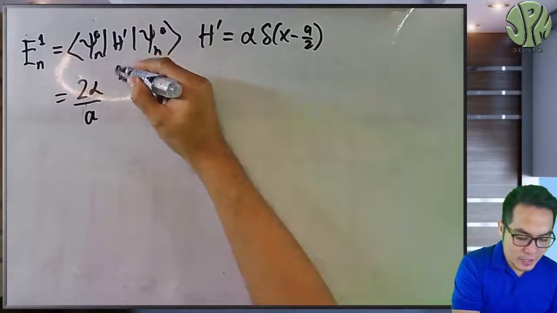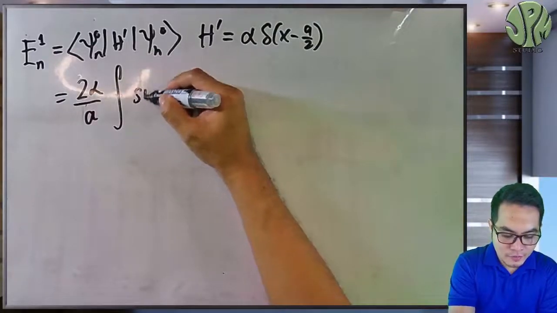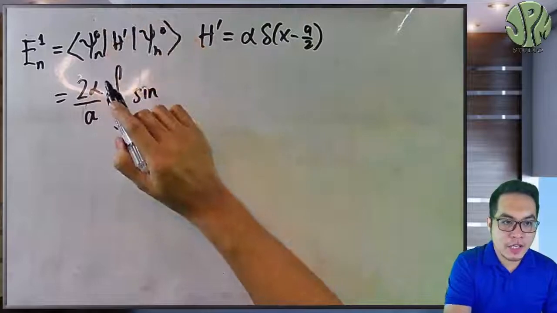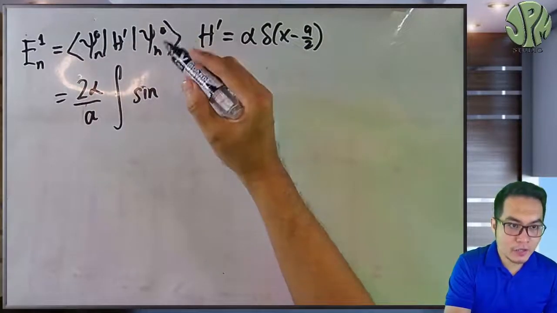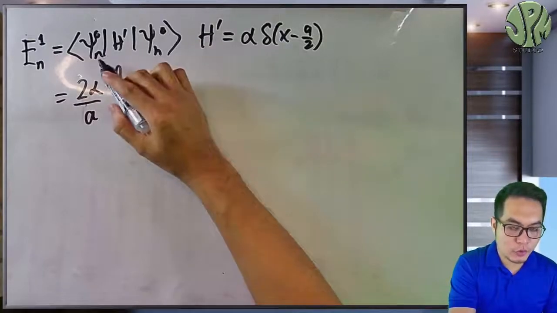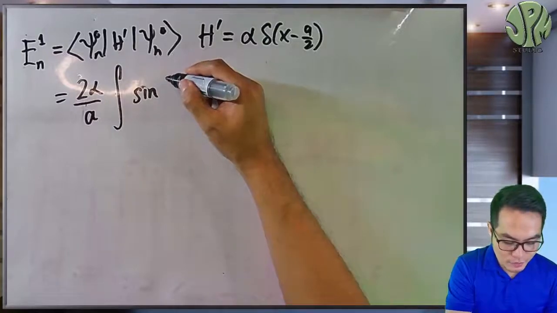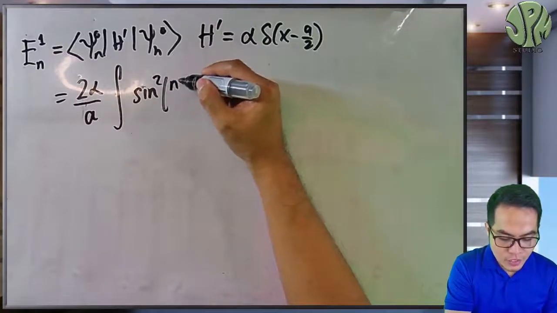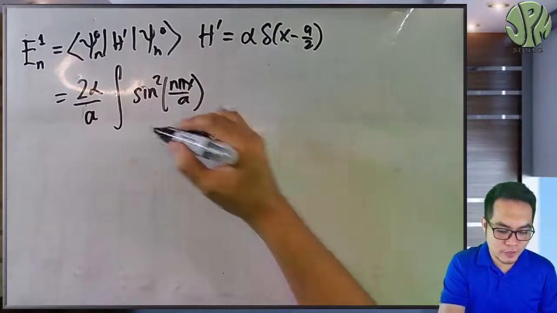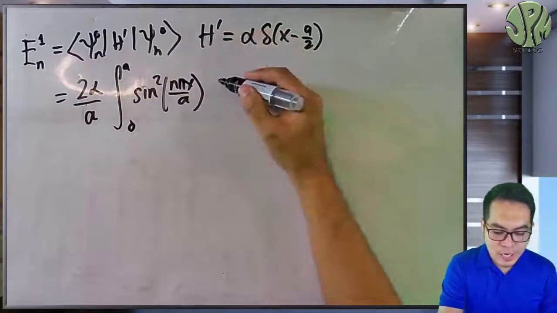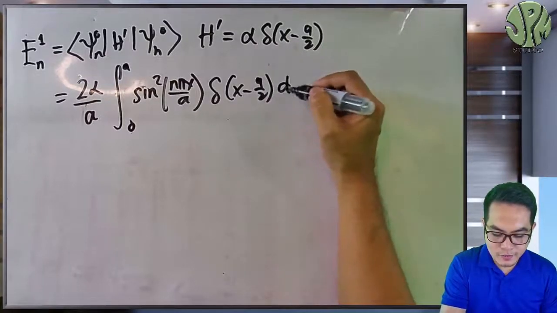And then an integral of sine n pi x over a, and sine n pi x over a here. Conjugate of that is just itself, because it's a real function in this case. So you have sine squared n pi x over a, from 0 to a, and we have our delta function, x minus a over 2, dx.